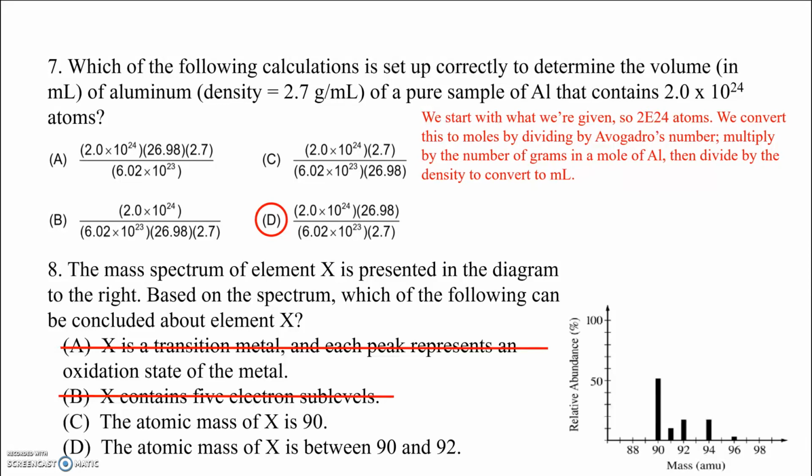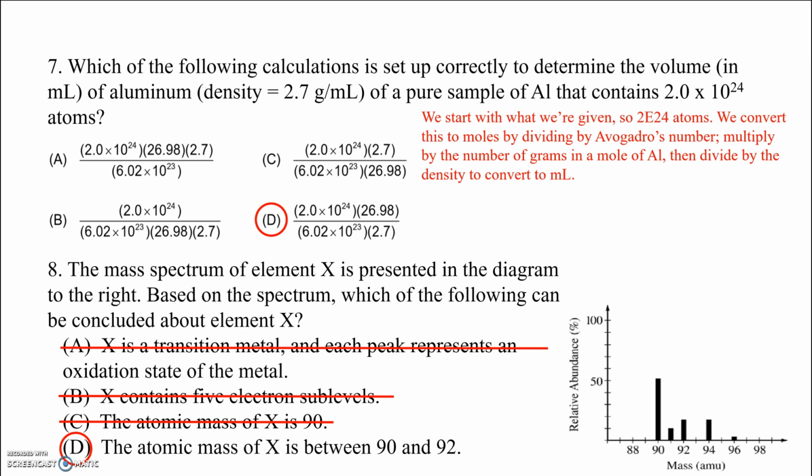And clearly, when we look at C, the atomic mass can't be 90 because we've got all these other peaks that aren't 90. So C cannot be right. That leaves us with D. You can see that the vast majority of the sample has a mass of 90, with other peaks at 91, 92, 94, and 96.